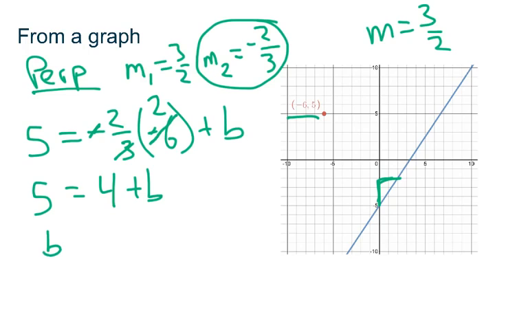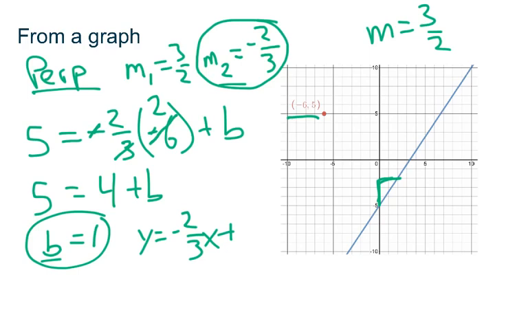Subtract 4 from both sides, b equals 1. We now have our slope and our intercept: y equals -2/3 x plus 1. If we needed to, we could graph it, put a point there, connect them, and we form that nice perpendicular crossing point right there. So that's how we do it from a graph.